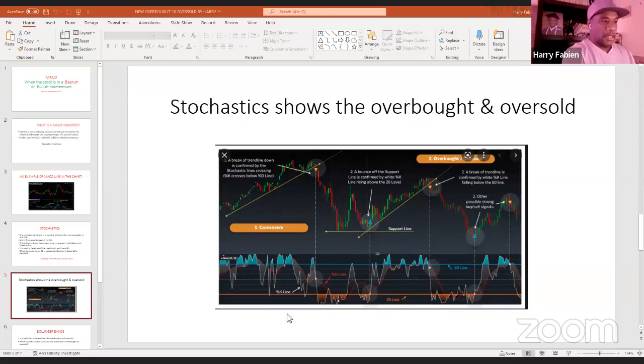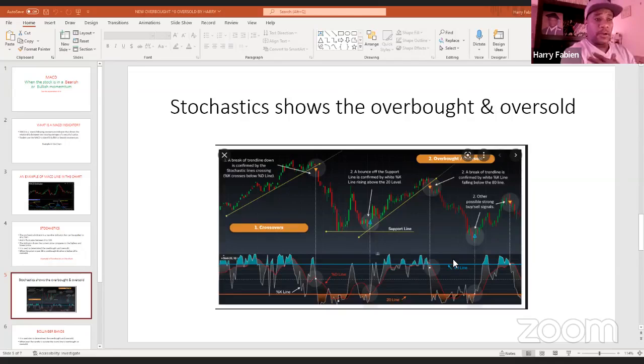Now, this is the line here. We got this line here. Stochastic shows the overbought and oversold. So we got two lines there. We have the blue line here, and this orange line.